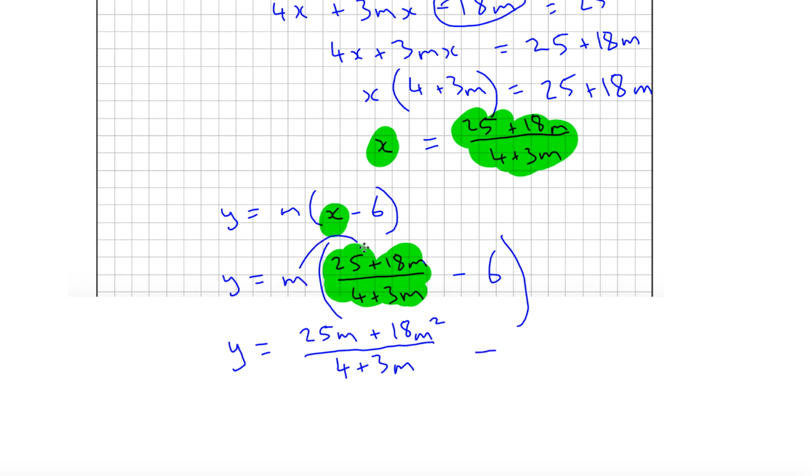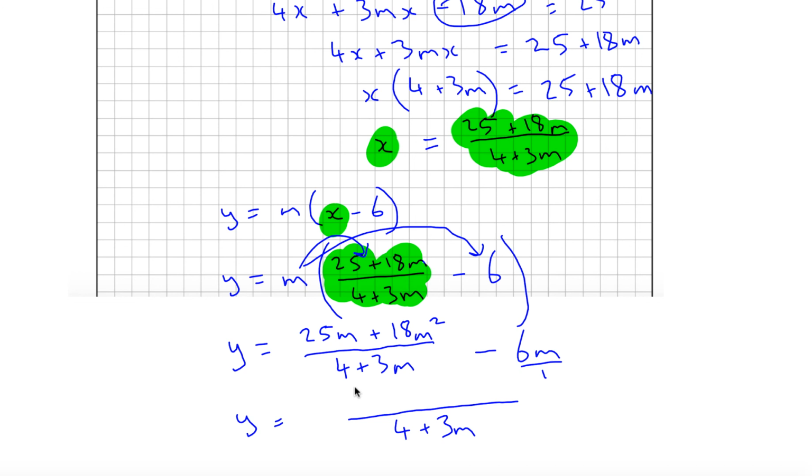And that's that bit done. And then the m multiplied by the negative 6 is minus 6m. So I need to express this as a fraction in its simplest form. So let me see. It's a fraction minus this. So y is equal to, I'll express this over the common denominator. This is 6m over 1. So the common denominator of 4 plus 3m and 1 is just 4 plus 3m.